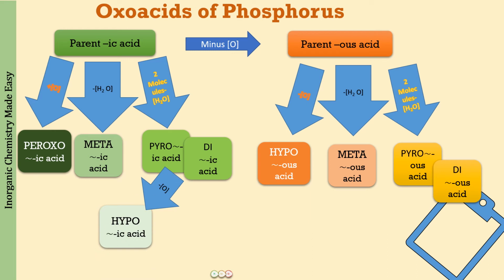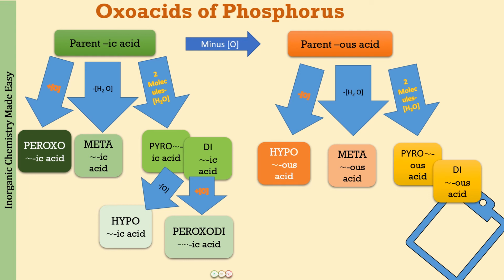And if to the pyro-ic acid you add one oxygen, what you will be getting is the peroxodi-ic acid. Here also a peroxy linkage is going to be present. So this is going to be peroxodi-ic acid, and this is going to be peroxo-ic acid, or you can also call this a peroxomono-ic acid.